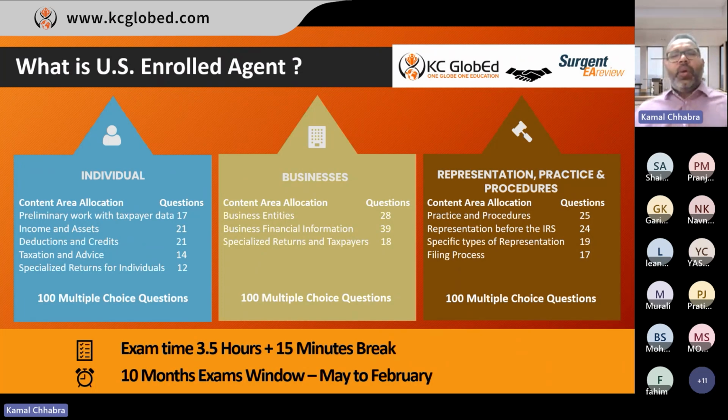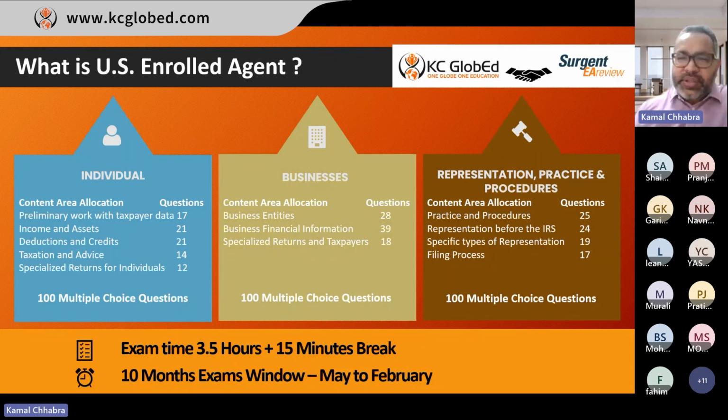So in the very first subject, individual taxation, you'll get a detailed understanding of what all income of an individual is taxable, what deductions and exemptions are allowed, how to calculate the taxable income, what tax rates are applicable, how to calculate the tax liability, and more importantly, what forms need to be filed for individual taxation. Those all things you'll be learning in detail in the individual taxation exam.